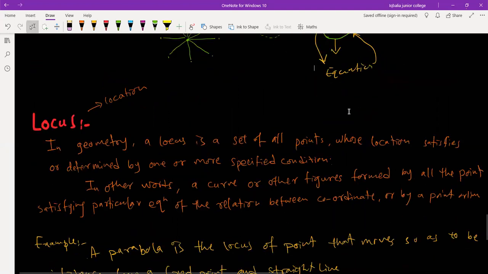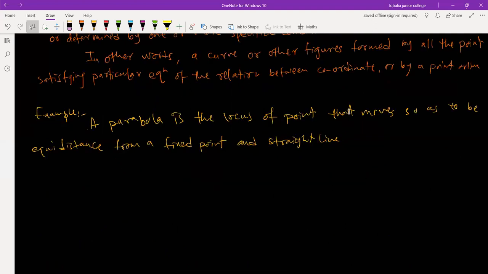Okay, now let's move. After this, have you understood the definition of locus? Just leave your comment in the chat box.